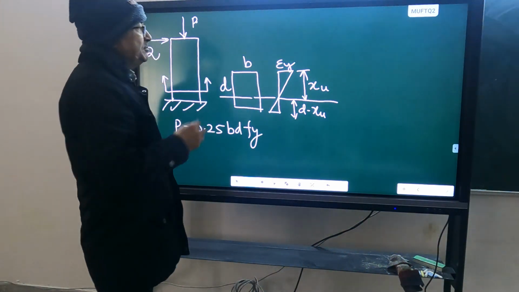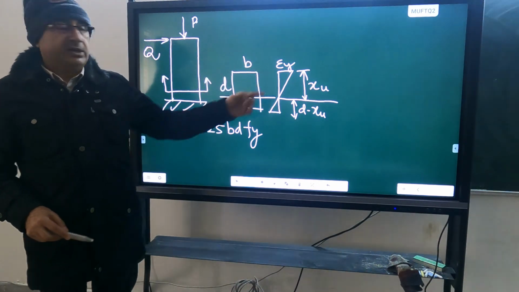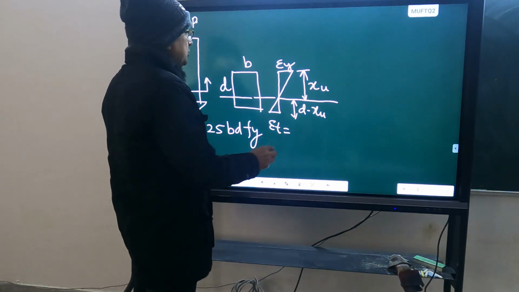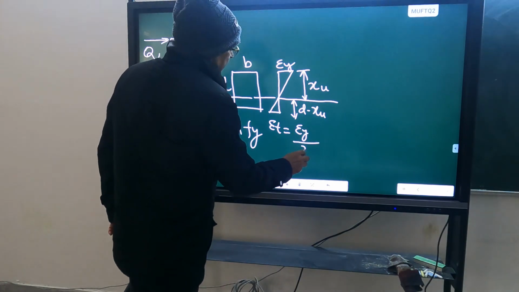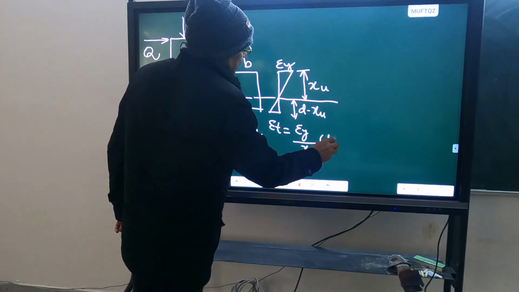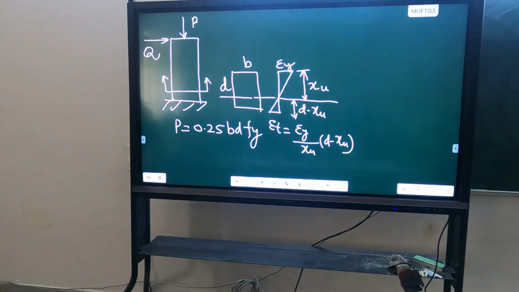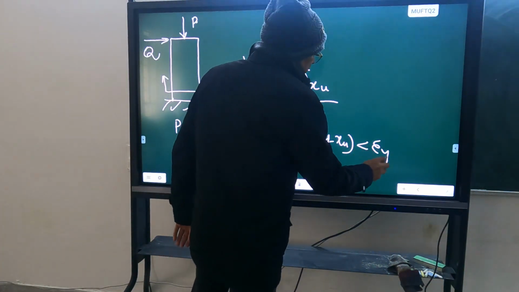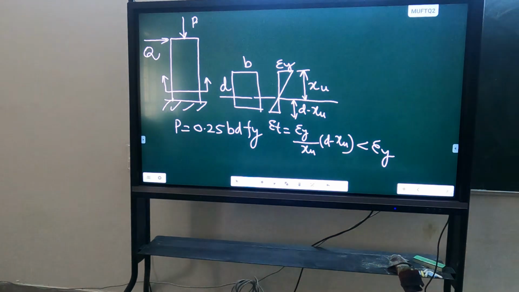If you take this as epsilon y, this epsilon t will be equal to epsilon y divided by xu into d minus xu, and you can see this is less than epsilon y. So first yield will take place on the compression side.